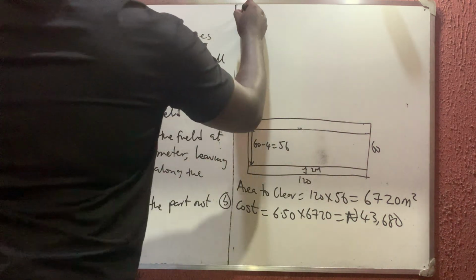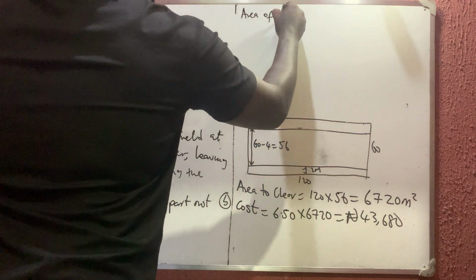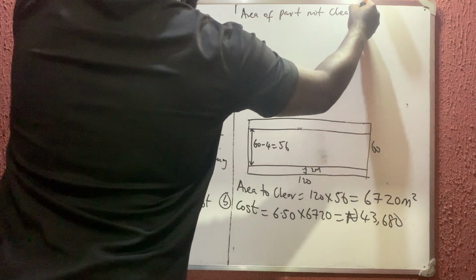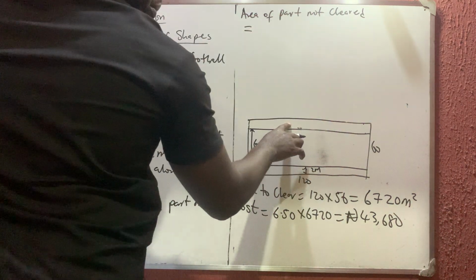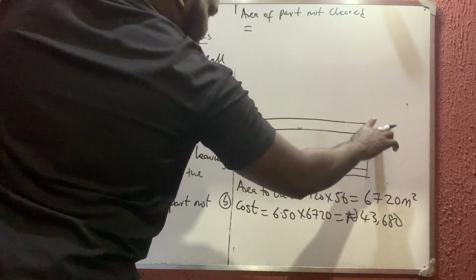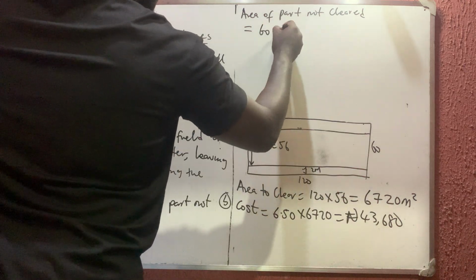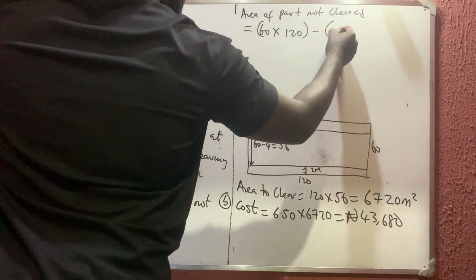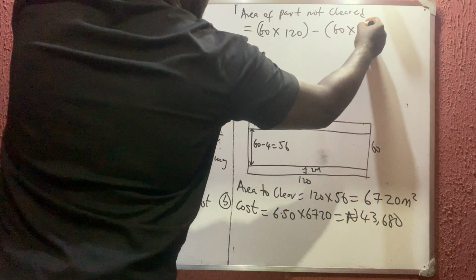So area of part not cleared will now be equal to, these are the parts not cleared, so it should be the area of the big one, which is 60 times 120 minus 60 times 56.